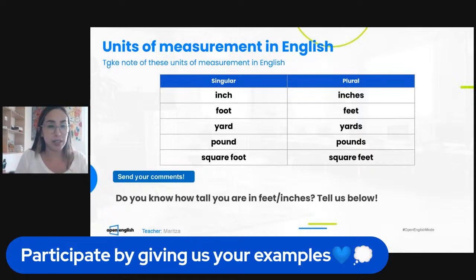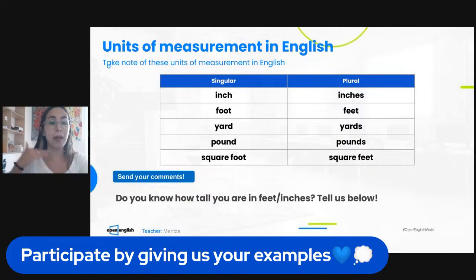Remember, if we have more than 1 foot, we say feet. 1 foot, 2 feet, or 10 feet. Remember, we are not literally talking about what's connected to our leg, but rather about measurements.